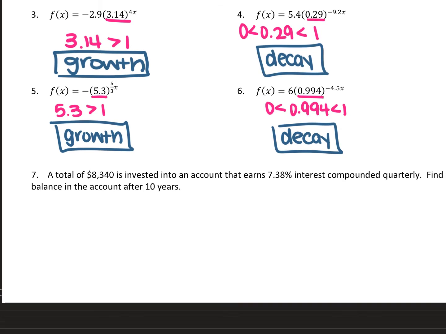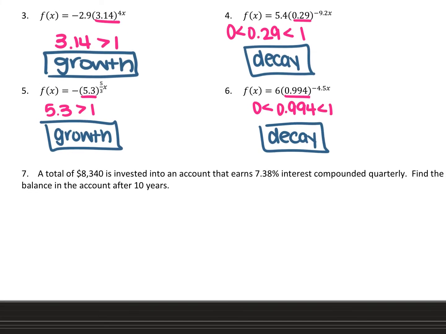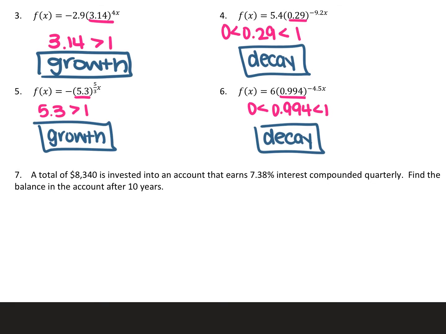For 7, you have a total of $8,340 that's invested into an account that earns 7.38% interest compounded quarterly. You're finding the amount in the account after 10 years. So this means quarterly, you're going to use A is equal to P times 1 plus R over N to the power of N times T. Your P is your principal.